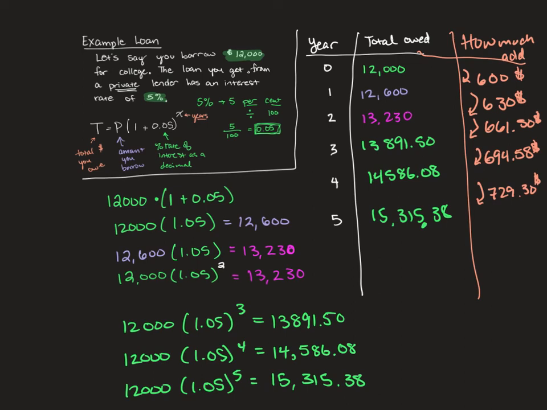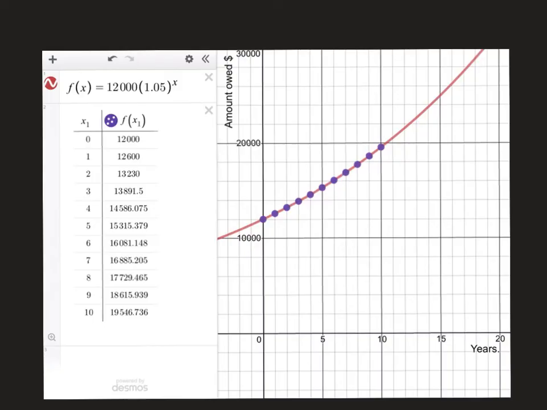On a graph, this is what this looks like. Here we've got our function where it's 12,000 times 1.05, so 105% per year. Here you can see the table, and look how quickly this is going up, right? Twice the amount of money would be $24,000, which would be roundabout there.